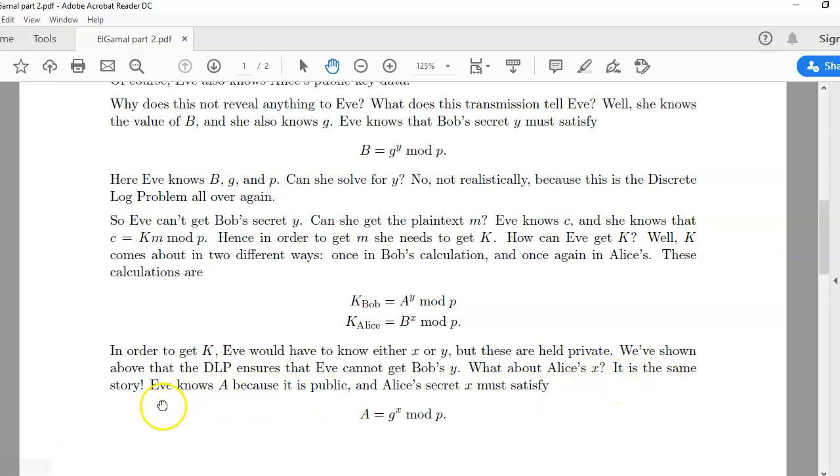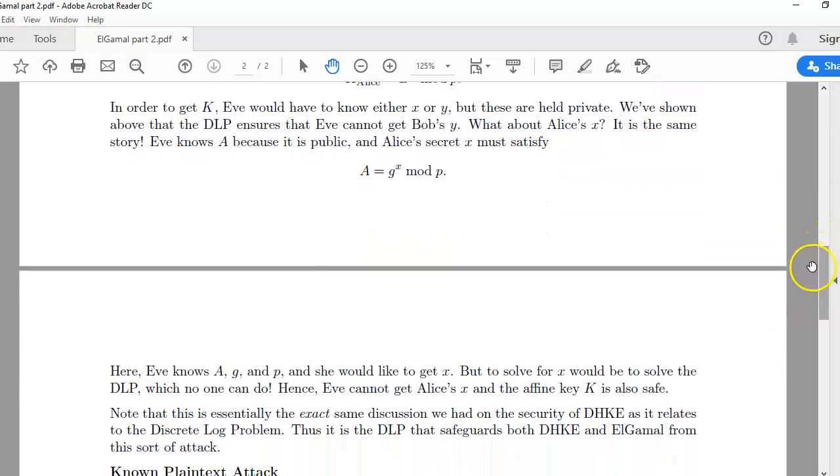Amazingly, it's exactly the same story. Because A is public, Eve will know A. Eve will also know G, and she'll know P. And she knows that Alice's secret X comes about from A being G to the X mod P, where she knows A, G, and P. So the question is, can she get X from that?